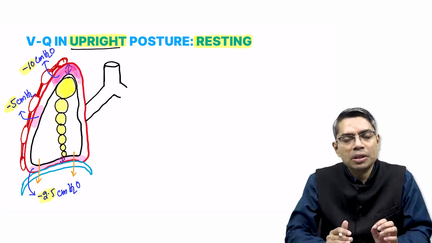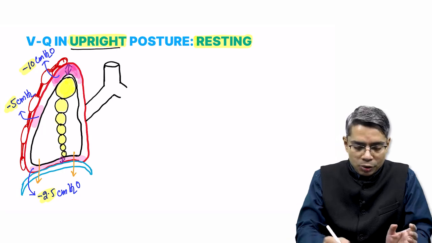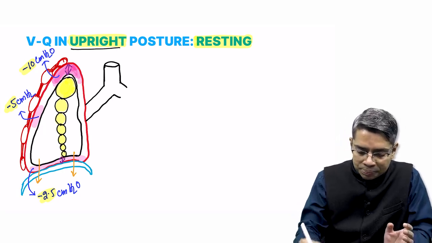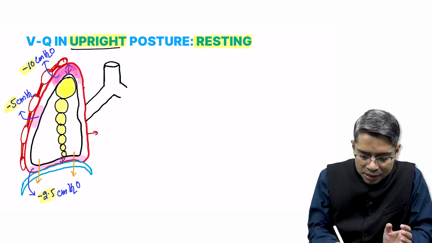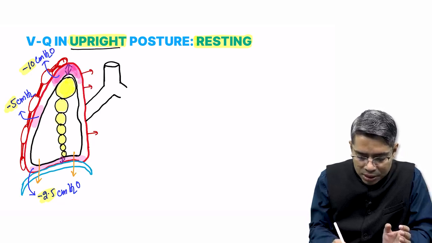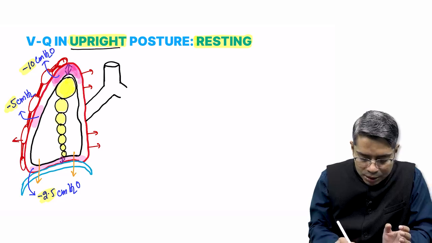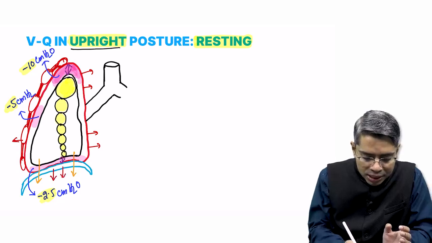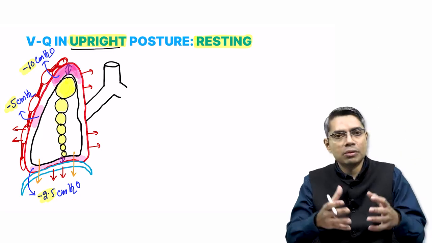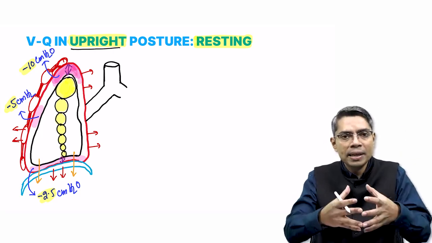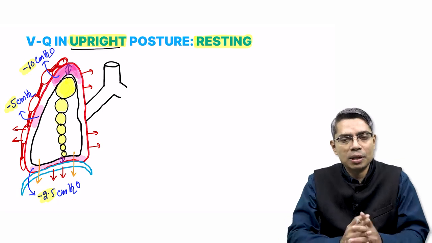Now suppose the person is starting inspiration. So inspiration means there will be expansion of these different parts of this parietal pleura, because the diaphragm is going in the downward direction and the external intercostal muscle is also contracting. So what is going to happen? There will be expansion of this thoracic cavity.